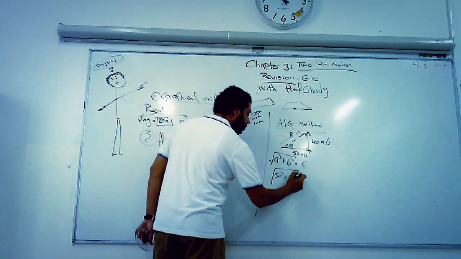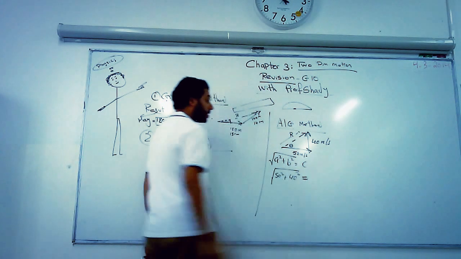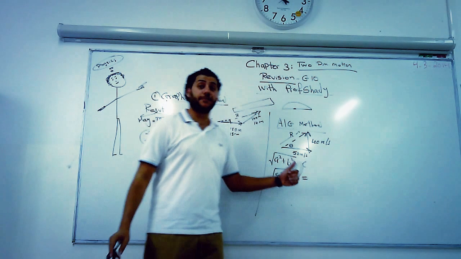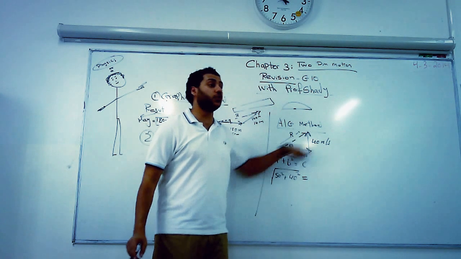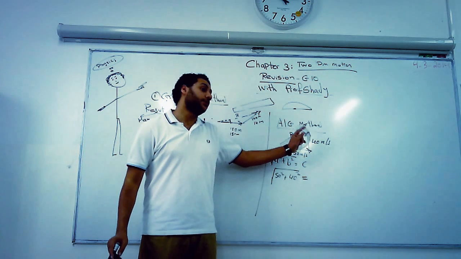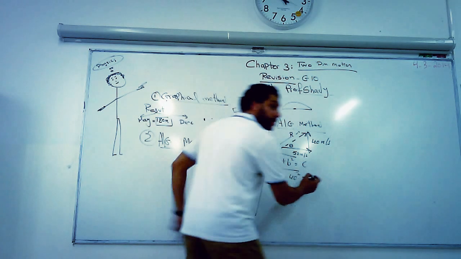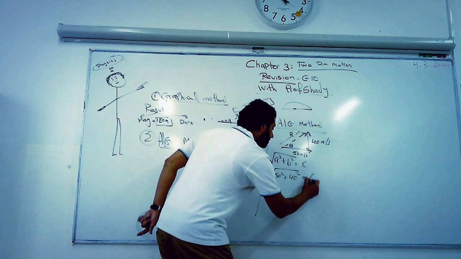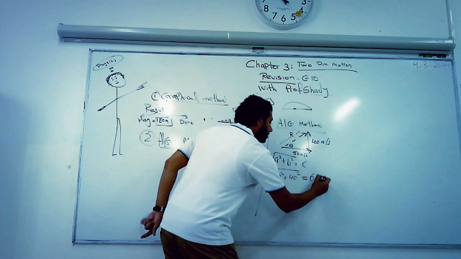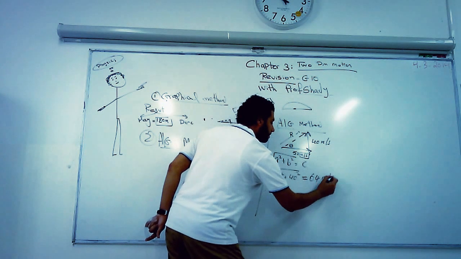Under the square root, which is equal to, this would be the resultant, and you use the Pythagorean theorem because you have the two opposite and adjacent. You have those two arms. Without those arms, you cannot use the Pythagorean theorem. So how much is that? 64. 64, and you have to use the same unit, meters per second.